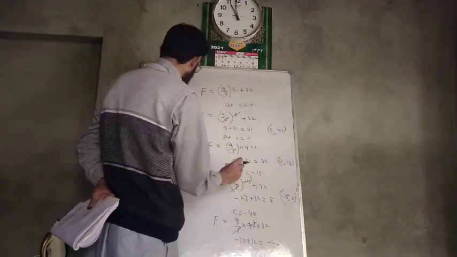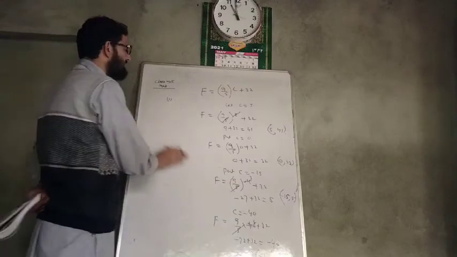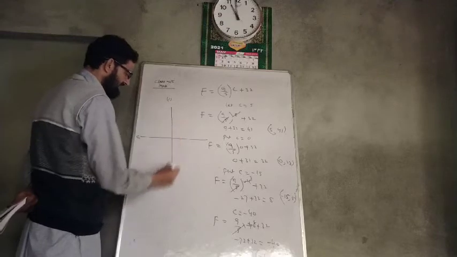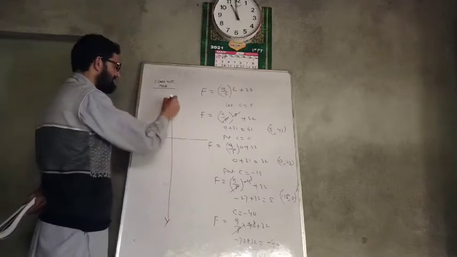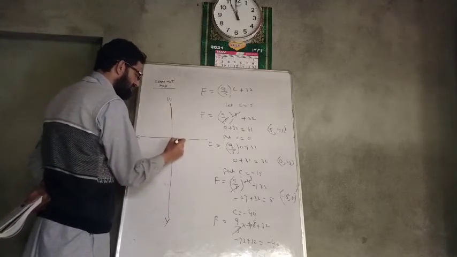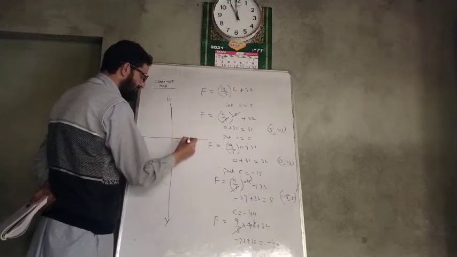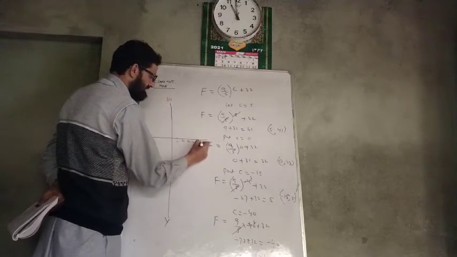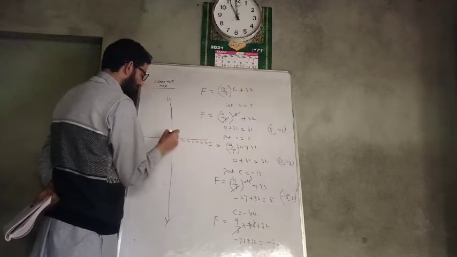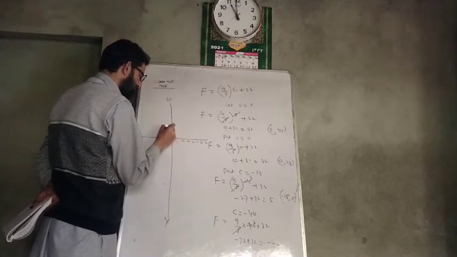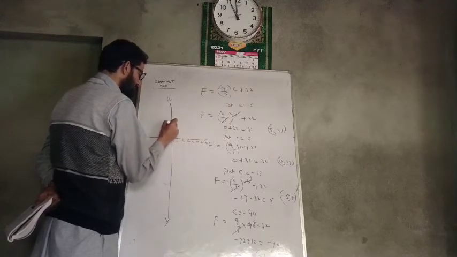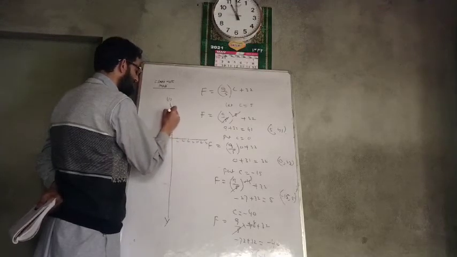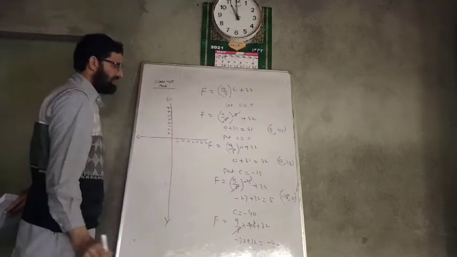That is minus 40. Now you can take the graph. This is the x-axis and this is the y-axis. Fahrenheit is the y-axis. Suppose this is 10, 20, 30, 40, 50, 60, 70, and similarly 10, 20, 30, 40, 50, 60, 70, 80, and so on.